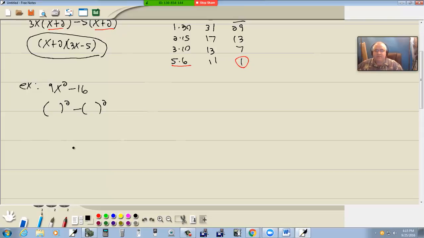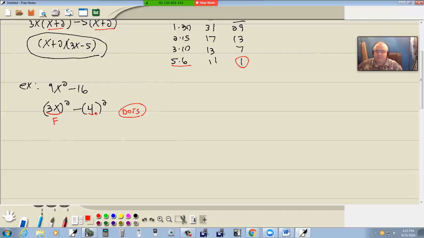Now you ask yourself, what times itself gives each individual piece? For the 9, that's 3 times 3. For the x squared, that's x times x. And for the 16, that's 4 times 4. So we were able to rewrite it as something squared minus something else squared. This is a difference of two squares, and it's just a formula. I'll label what's inside the first set of parentheses as F for first.